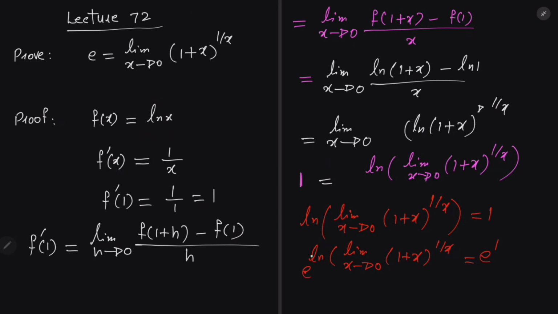The anti-log and log cancel out, and the remaining term is the limit as x approaches 0 of 1 plus x to the 1 over x, which is equal to e. So that's how we prove this theorem from a different perspective, using the definition of natural log of x and some other properties.